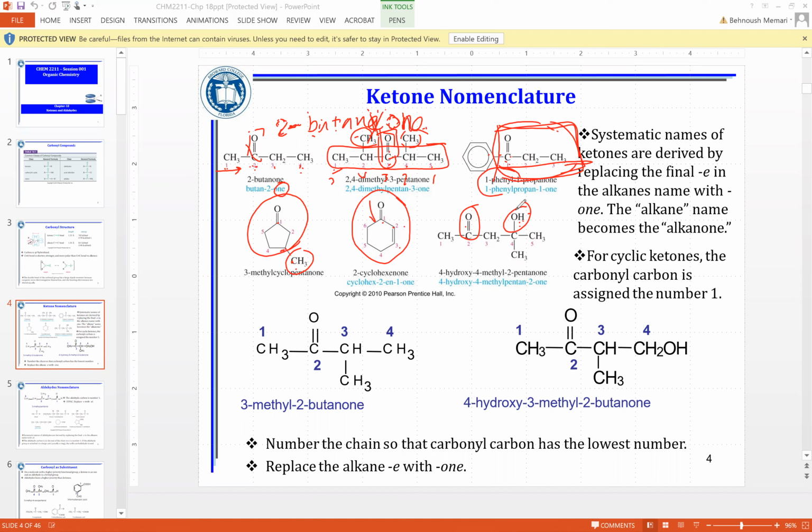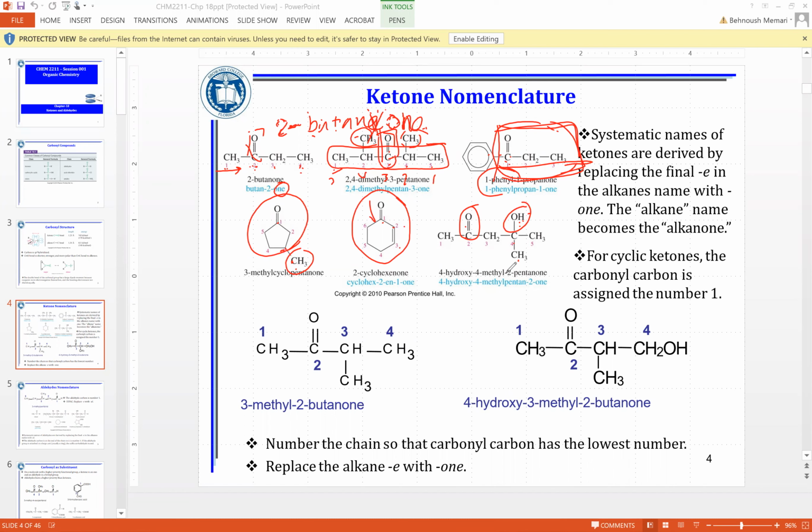We name it as a ketone, and we just say hydroxy for this OH group. The hydroxy group is on carbon number 4. There's a methyl group also on carbon number 4. So in alphabetical order, it would be 4-hydroxy-4-methyl-2-pentanone, because we could have 2-pentanone or 3-pentanone.